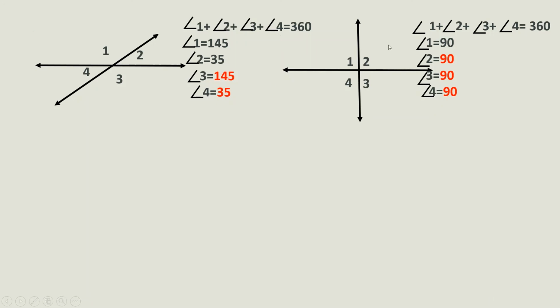In this figure, angles 1, 2, 3, 4 also give us 360 degrees. Angles 1, 3 are vertical angles because they are both 90 degrees. And angles 2, 4 are also both vertical angles because they are both 90 degrees.